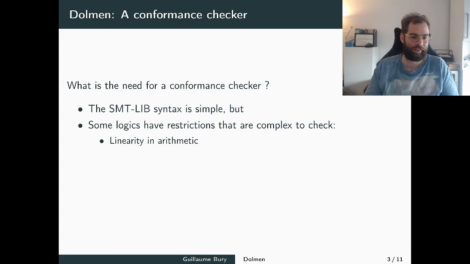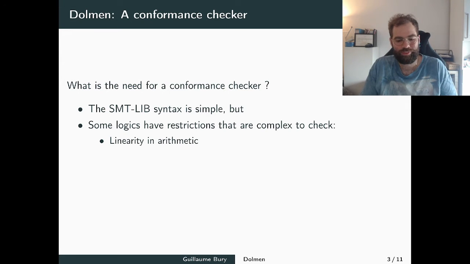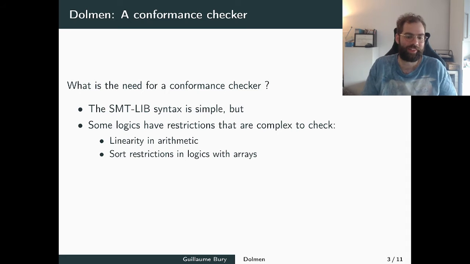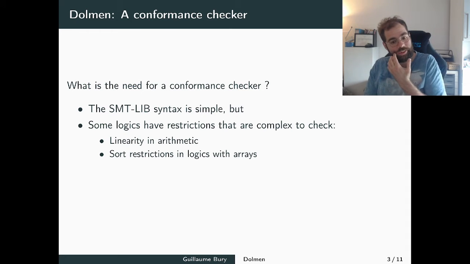Examples of that are linearity constraints in arithmetics, which, as we'll see later on in this talk, can sometimes be surprising and cause quite some errors. Some logics in SMTLIB also have restrictions about which sorts of arrays can appear in the problems, and so Dolmen will be able to check that kind of thing, which is otherwise not always trivial to do.